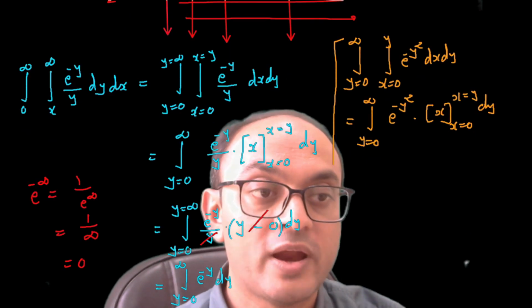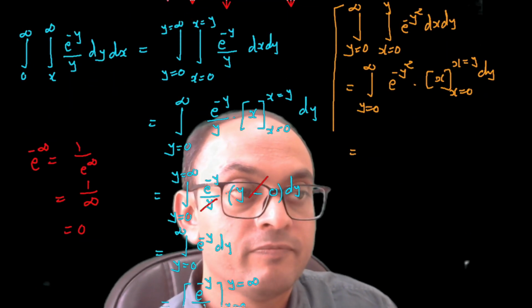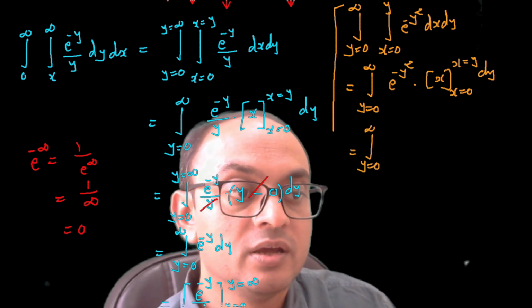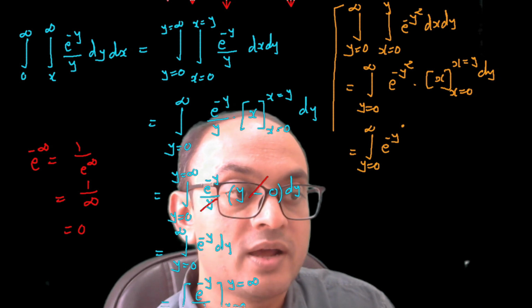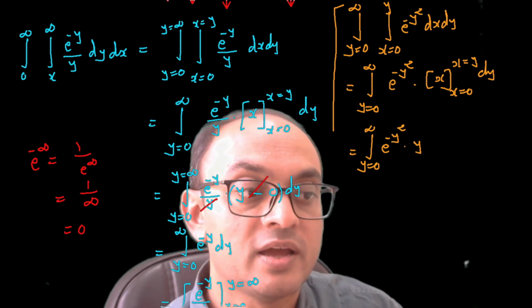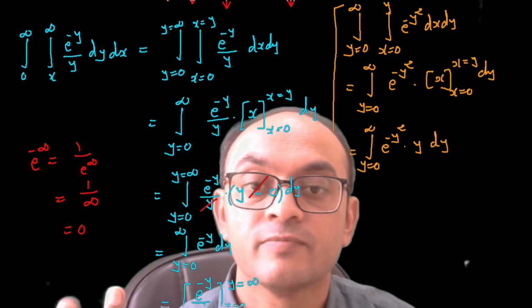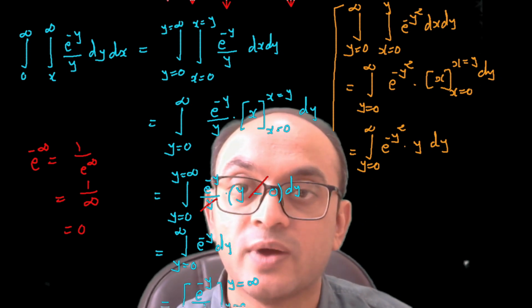Clear? Now we substitute the limit. This will be integration y is equal to 0 to infinity e raised to minus y square into, when x is equal to y, this is y, x is equal to 0, then the final quantity is y.